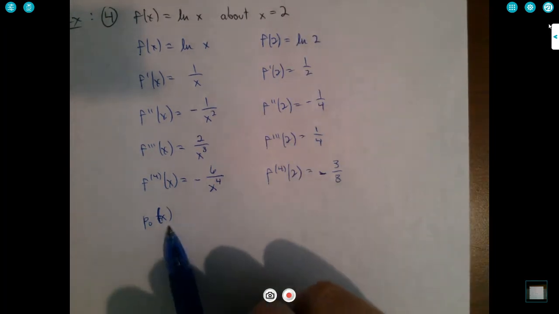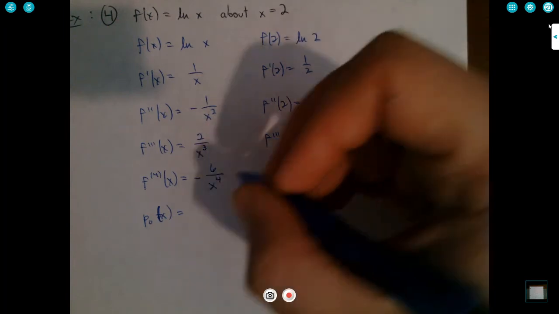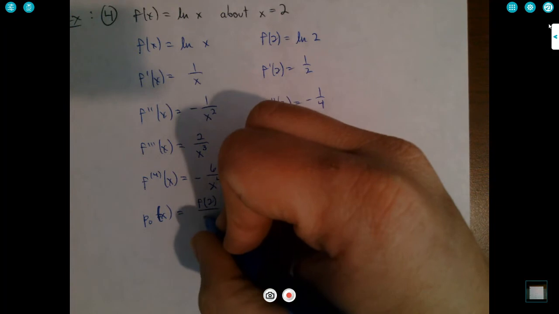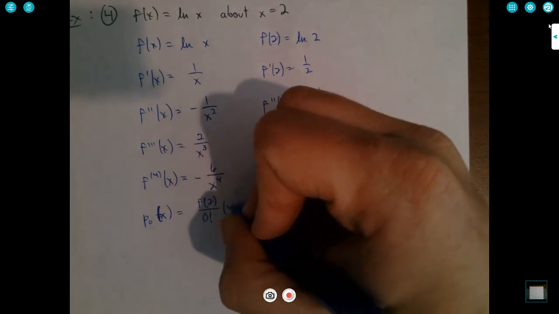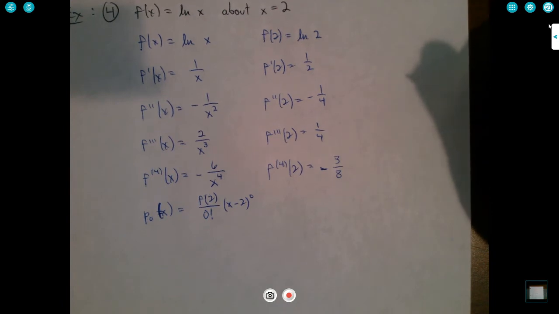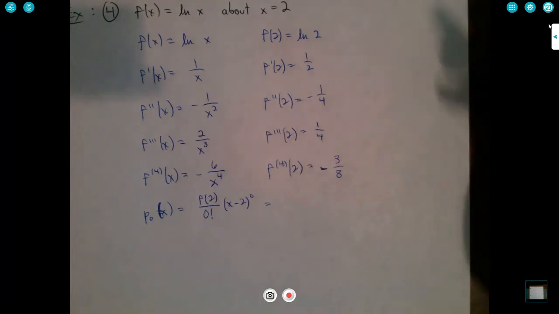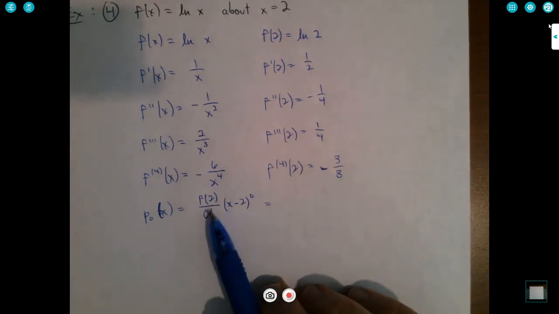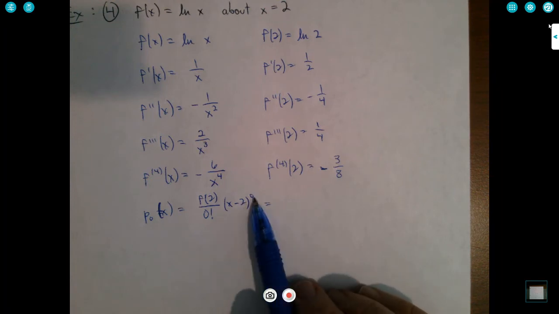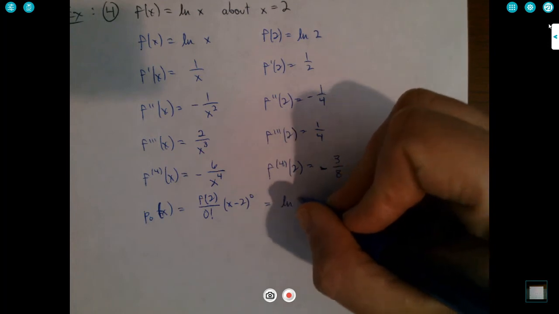So the 0th Taylor polynomial is going to be f of 2 over 0 factorial times x minus 2 to the 0. Okay. So that's ln of 2, that's 1. And this is just 1. Anything to the 0 power is 1, right? So this is ln of 2. It's just ln of 2.